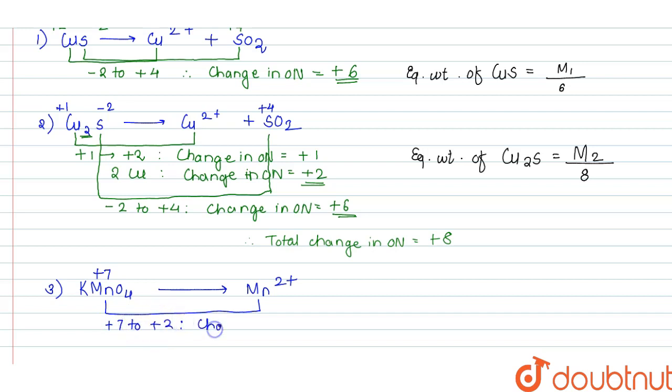Therefore change in oxidation number is equal to +5. Therefore the equivalent weight of KMnO4 is equal to its molecular weight given as M3 upon 5.